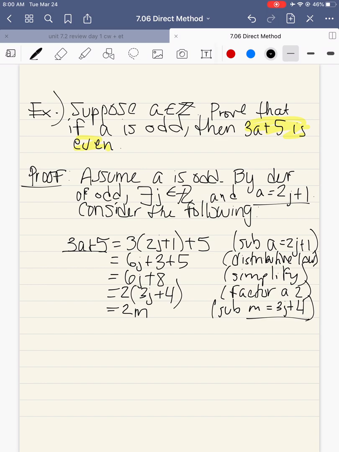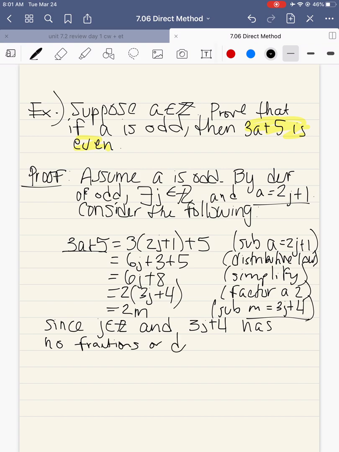So since j was an integer and 3j plus 4 has no fractions or decimals, then there exists an m that is an integer such that 3a plus 5 is equal to 2m.